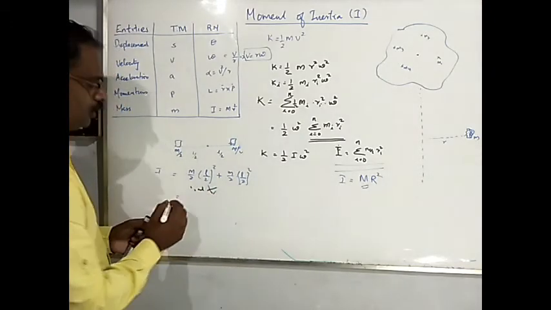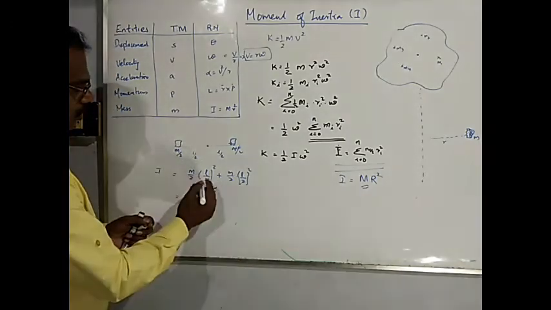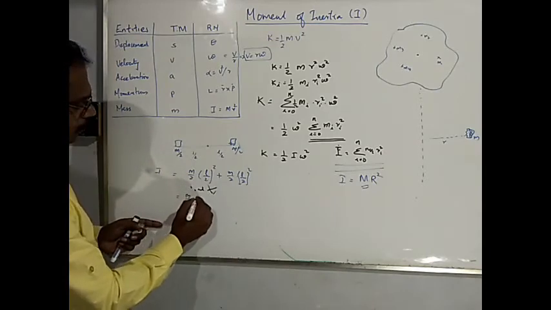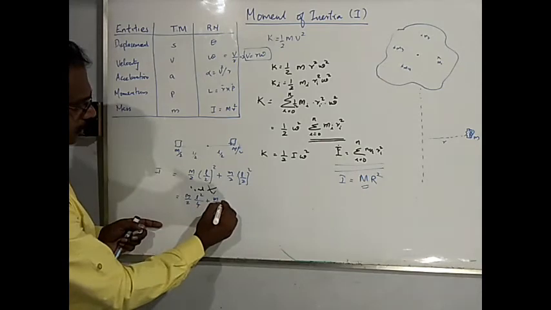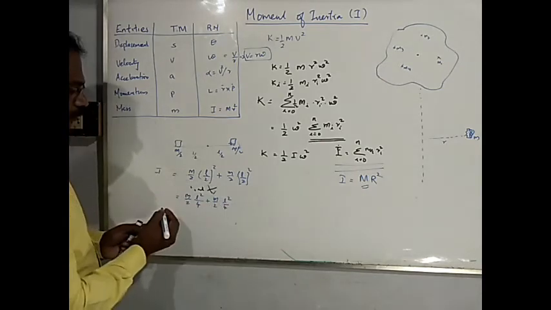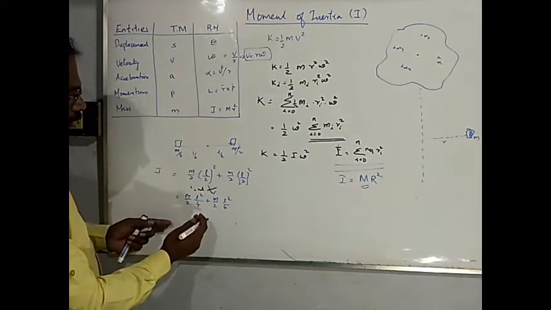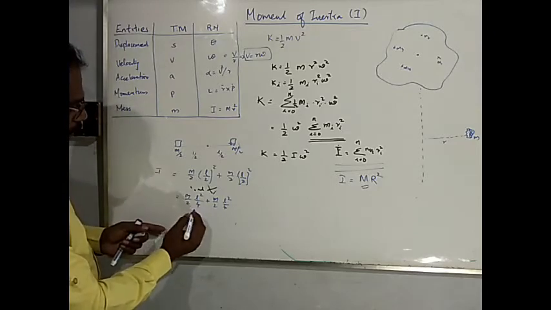By doing this, we get m by 2 L square by 4 plus m by 2 L square by 4.